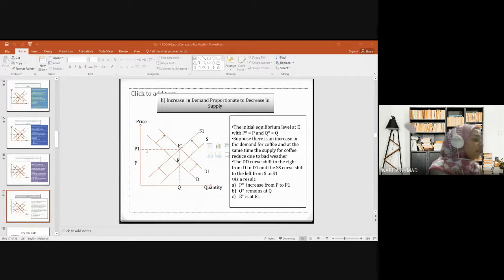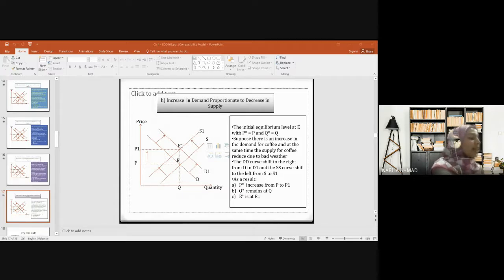You can see figure 4.4b. Demand shifts to the right from D0 to D2, but supply also shifts to the right, more than the increase in demand. See? The demand distance is small, but the supply distance is quite large.